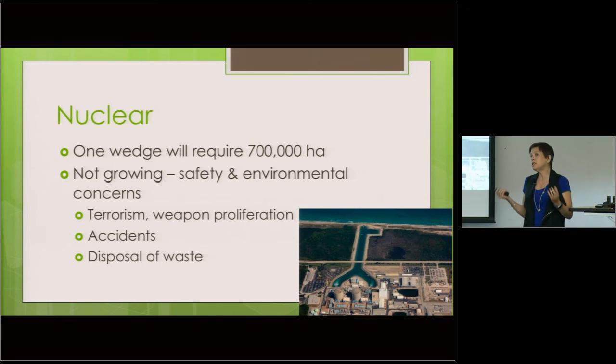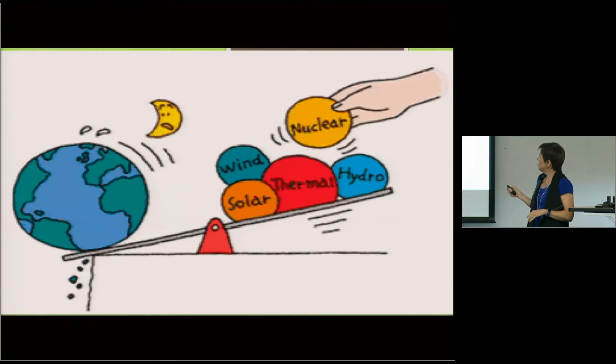While many countries do have it, like France has a lot of its power coming from nuclear, in a lot of parts of the world this is not a growing sector. But it may require all of these together to help provide these wedges of stabilization.